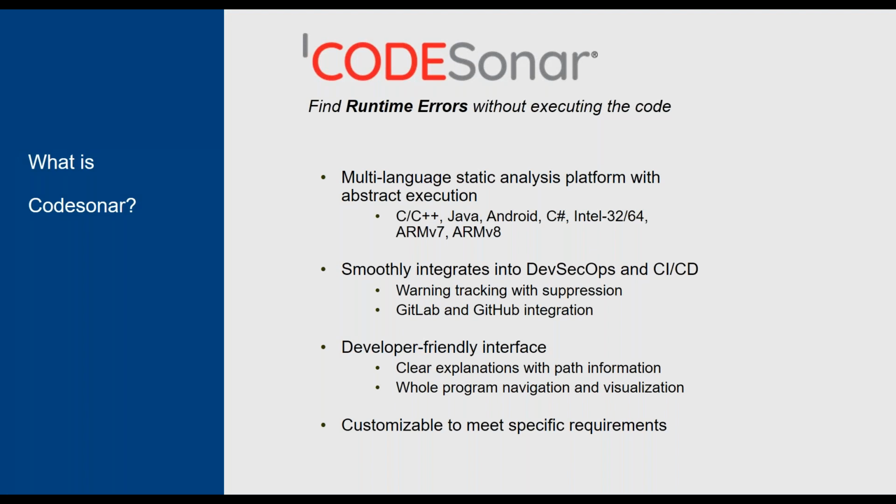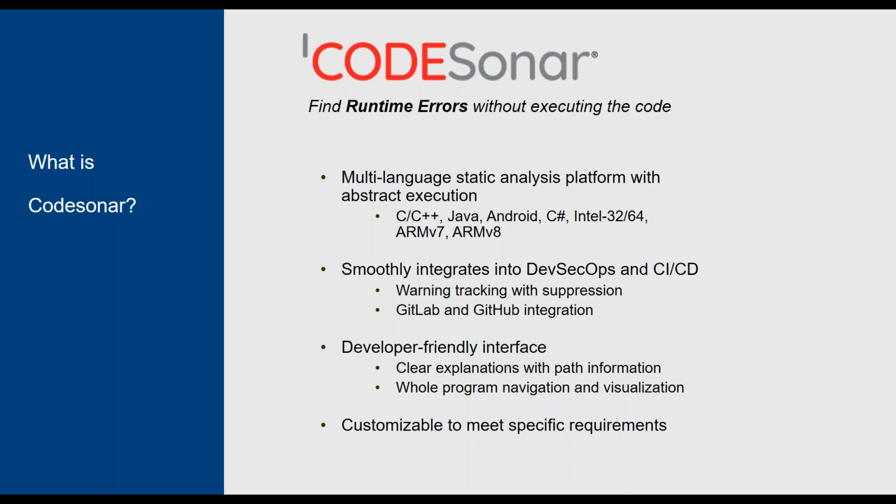CodeSonar is a multi-language static analysis platform that analyzes mainly C and C++, but also Java, C#, and other languages, and also binaries on ARM and other platforms. It is smoothly integrated into DevOps and CI solutions, and it has a very user-friendly interface that we will see later in the demo.